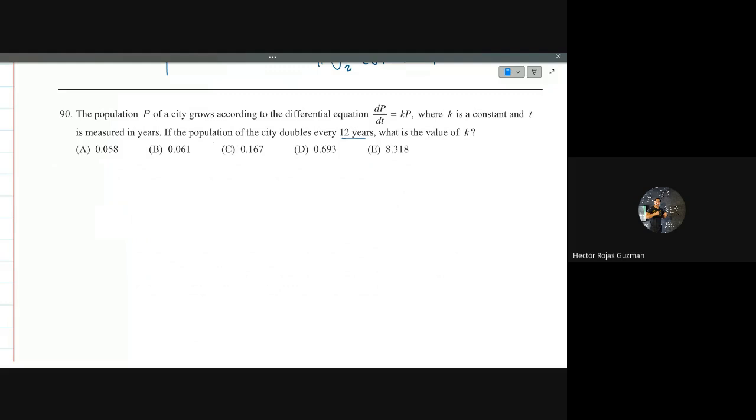Well, we're going to try to do a separation of variables here. I'm going to go ahead and divide by P, and I'm also going to multiply by dt. Let's see if this works. So we get the ln of P equals kt plus c.